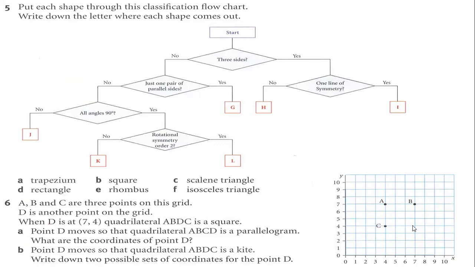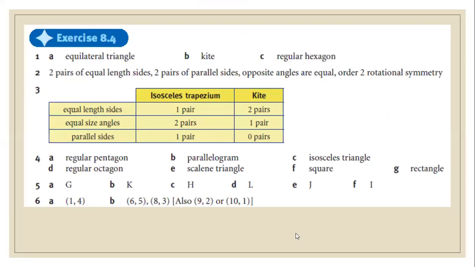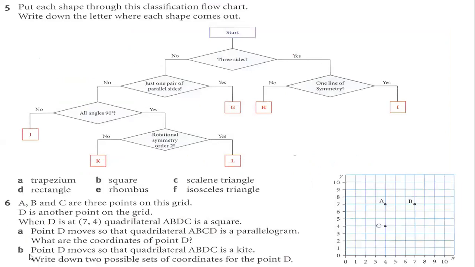If he wants to make a square, so he puts it here in this place, in the place of 7 and 4. So let's check. Okay, but he said the point moves from the coordinates ABC in the parallelogram. Seven and four.